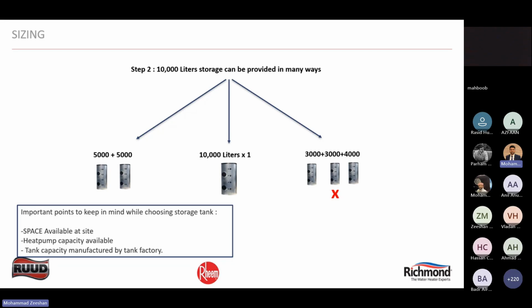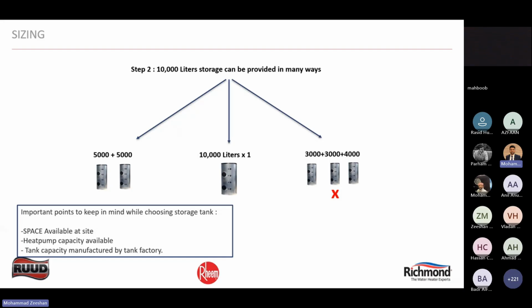Key points to remember at site is what is the space that is available, what is the heat pump capacity that is available, and the tank capacities manufactured by the tank factory. Why I say that is sometimes when you do these kind of calculations from ASHRAE, you might get like 8,700 liter as total. And what we have seen is that without doing much of research, some people just take 8,700 liter into one as a tank, or they divide it by two as 4,350 into two tanks.